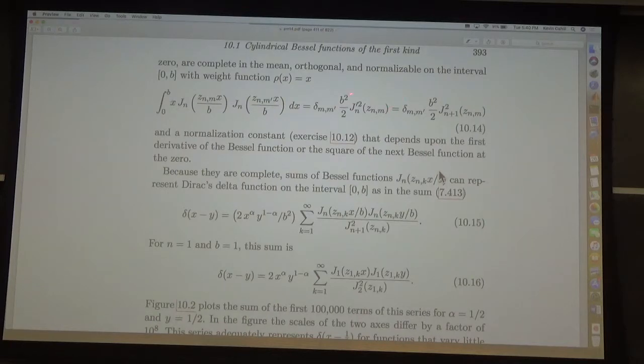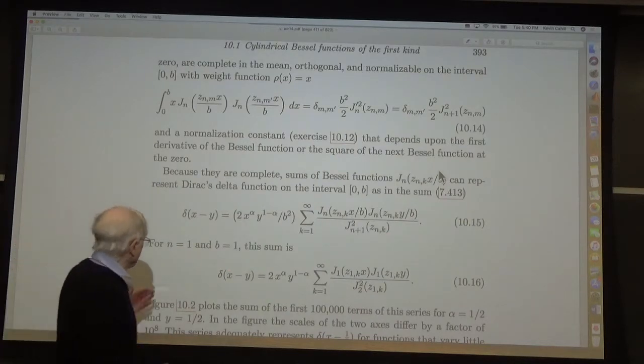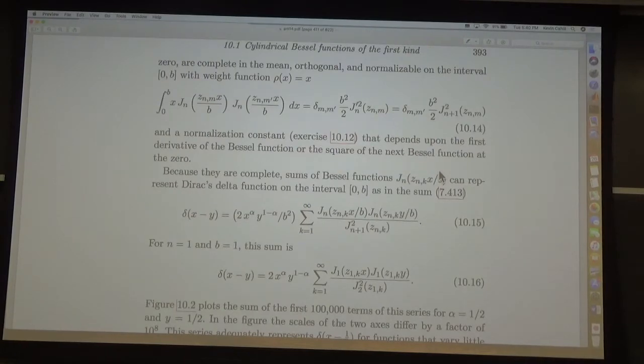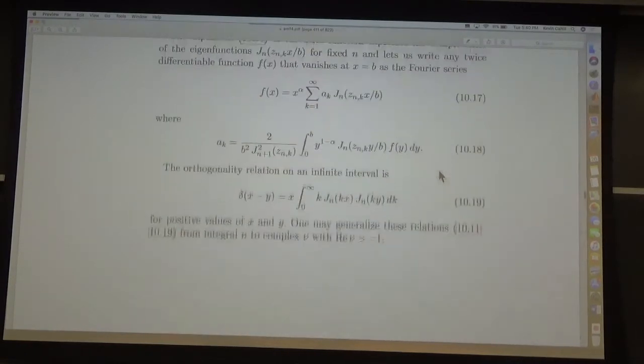And the curious thing is that the normalization factor here is the square of a derivative of the Bessel function. So when you go back to the original formula for the Bessel function in terms of the eigenfunctions of a self-adjoint system, you write it this way, and for n equals 1 and b equal to 1, the sum is like that.